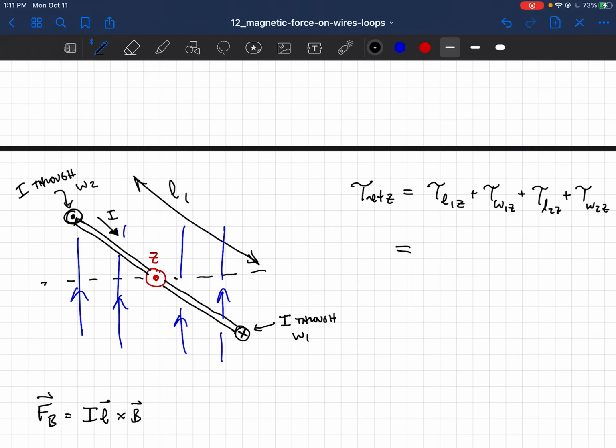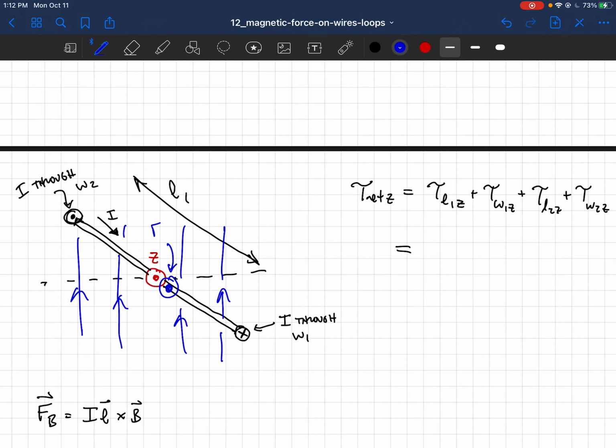So there will be a force on L1, and let's calculate its direction. It goes down and to the right, so you put your fingers down and to the right, and then you close your fingers up the page, and there will be a force that points up on the center of the wire.